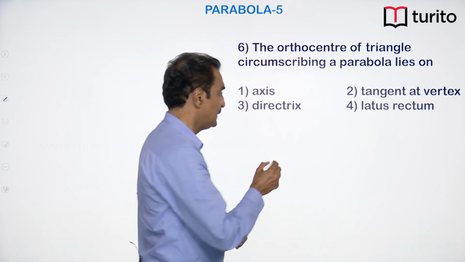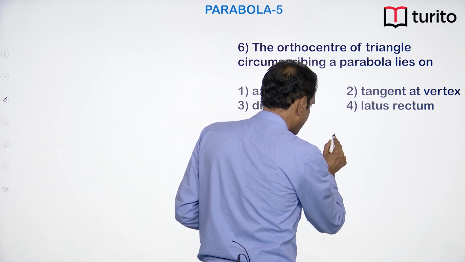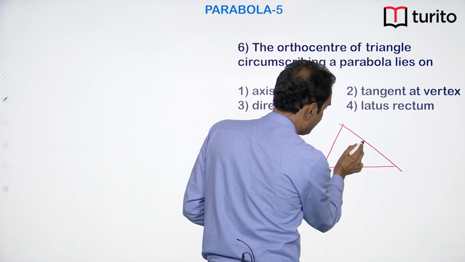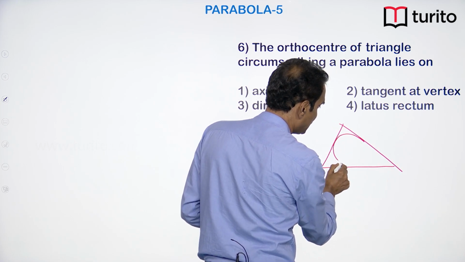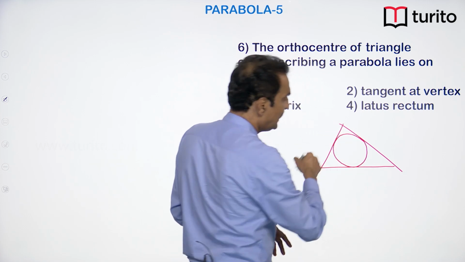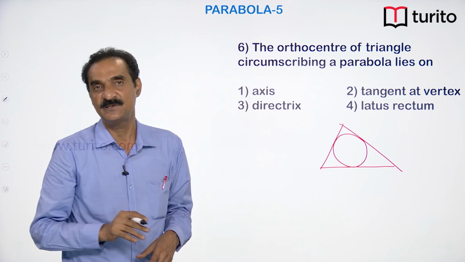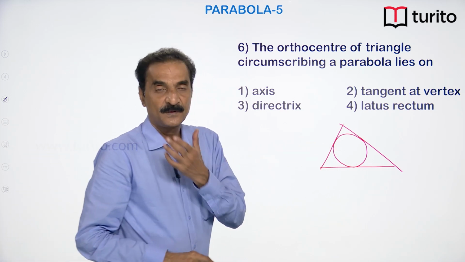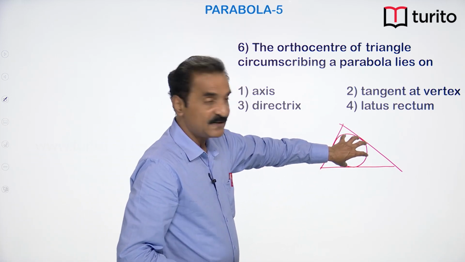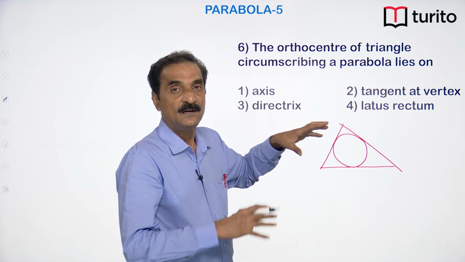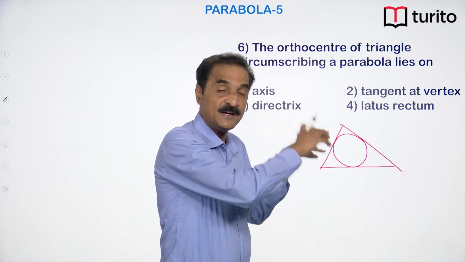First, if you take a circle, draw a circle touching, if you take a triangle and draw a circle touching all sides inside, lying inside, then we say that circle is inscribed in the triangle or triangle is circumscribing the circle.